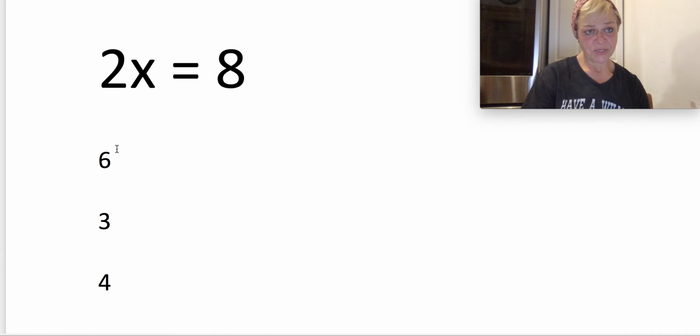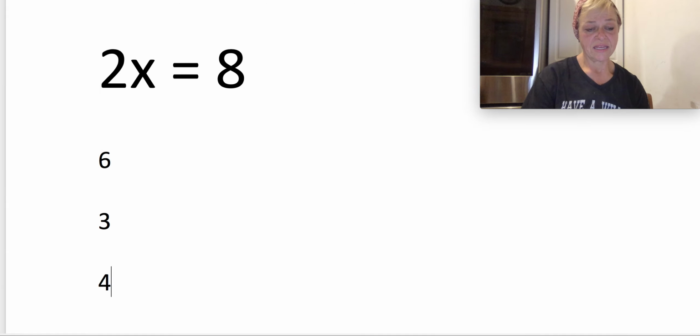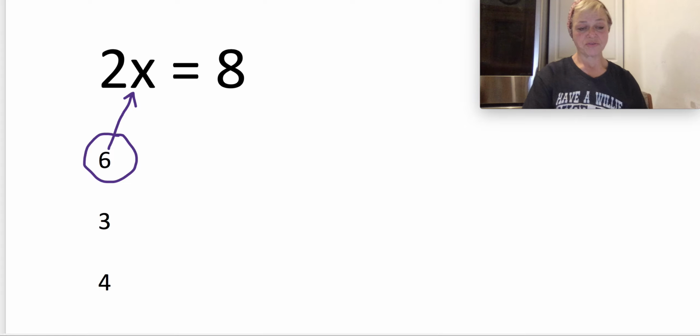What we're going to do here, I am going to take these answers that you mathematicians gave me, and we're going to substitute them in here for x. And we're going to see if it makes our equation true.